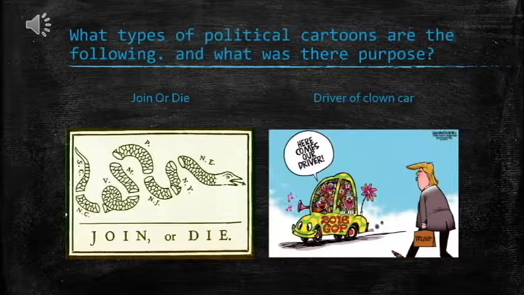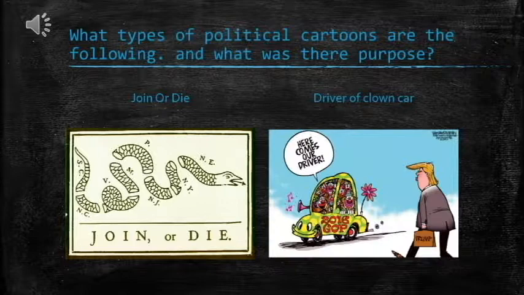This is actually a sense of symbolism. They wanted the symbol out there. Benjamin Franklin wanted the symbol out there that we had to unite, and we had to unite as soldiers, as colonies, in order to make this revolution happen, or in order to get the rights the American colonies felt they so deeply deserved, that the British Empire they felt was not giving them. So that's the purpose of the first one.